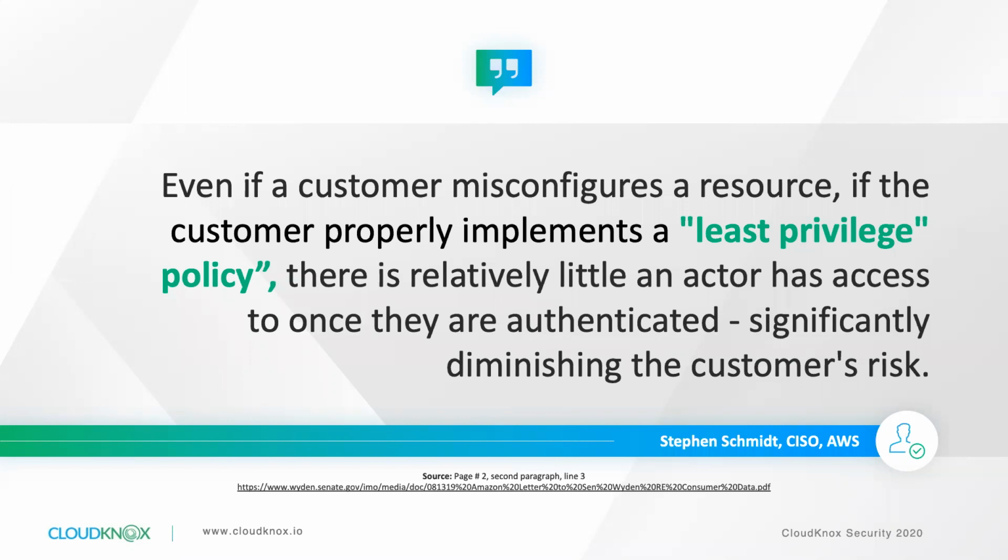So what's really important here is that implementing least privilege, should you actually be breached at some point or another, limits that blast radius and limits what could actually be targeted and what potentially could actually be exfiltrated or breached.